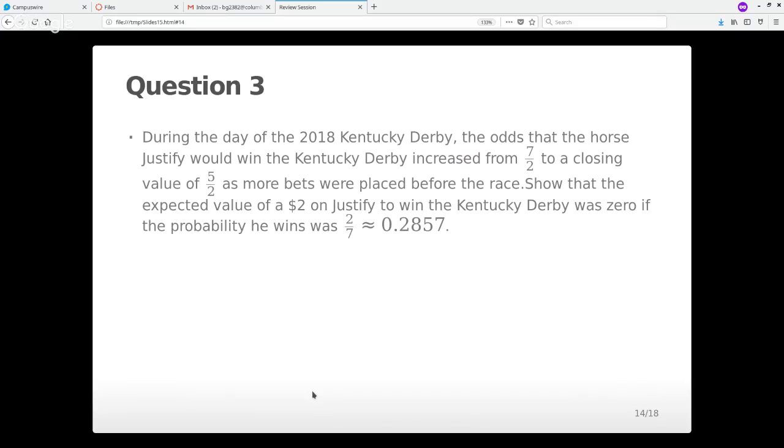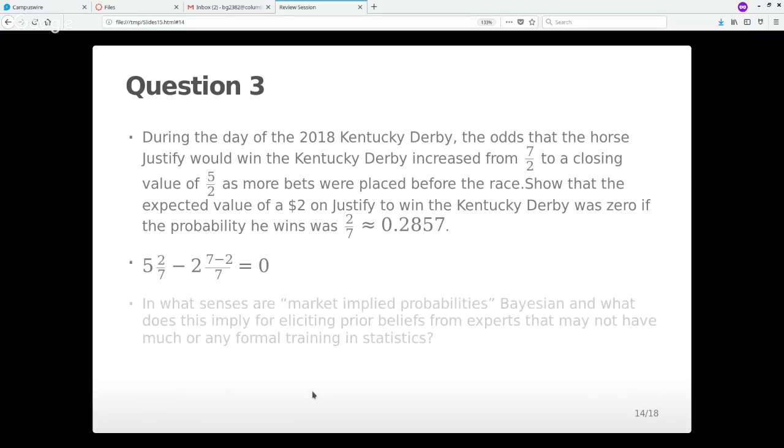So if you bet $2 on Justify to win, that would have an expected value of 0 if the probability that he wins is 2/7, which you could obtain just by plugging in: how much money would I get if he wins? How much money would I lose if he doesn't win? What is the probability of winning that makes my expectation be 0? And that would be 2/7 in this case.